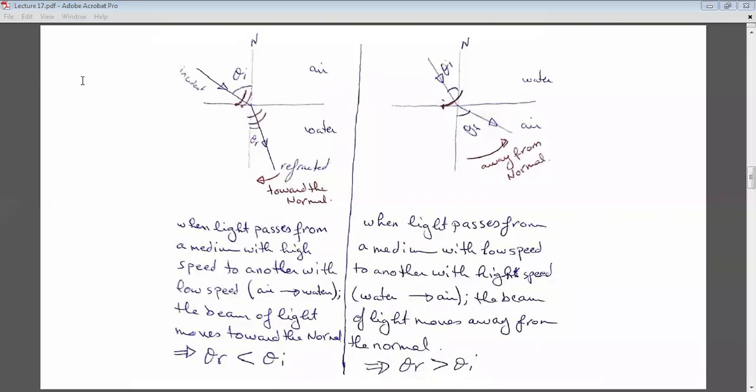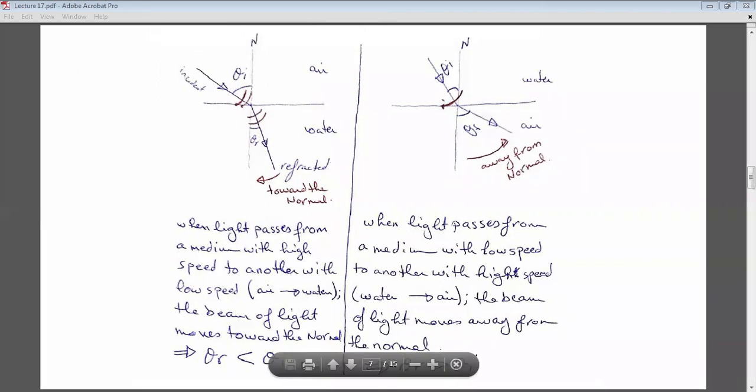Theta I is theta incident, and theta R is theta refracted. However, when the light passes from an area with higher velocity to an area with lower velocity the other way around, that is, from lower to higher speed, then the refracted beam moves away from the normal.